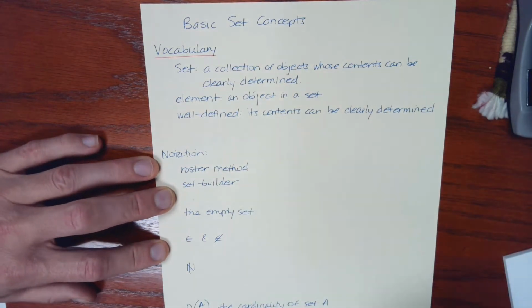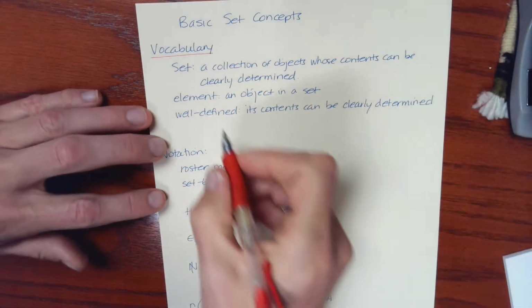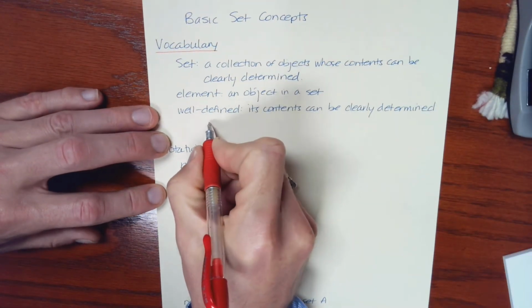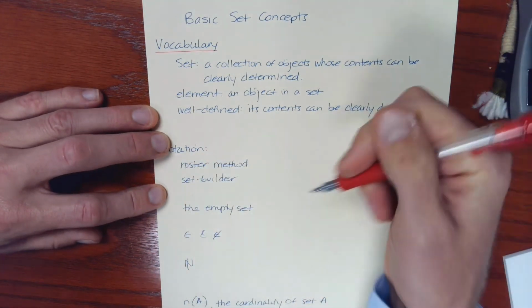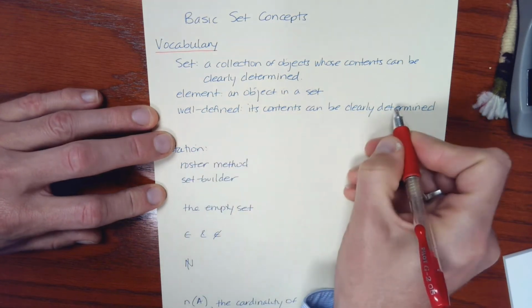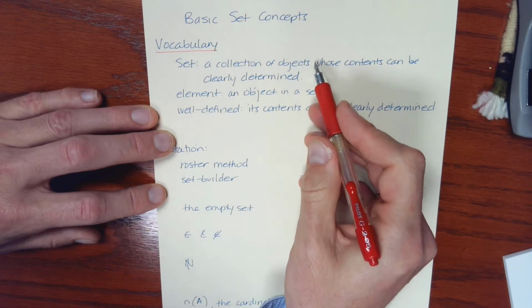So for instance, if I wanted to create a set of my colleagues, so these would be the math professors at my school, then that's well defined. There'd be no ambiguity about who would be included in that set.